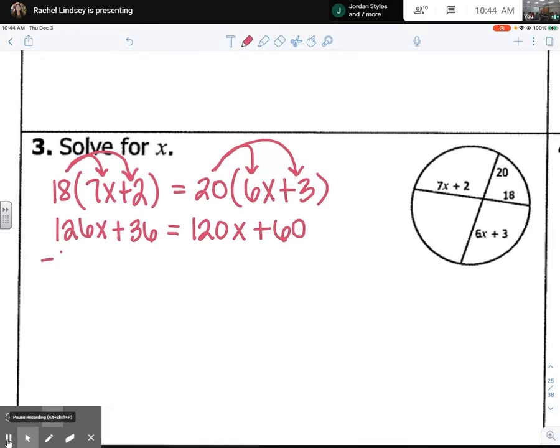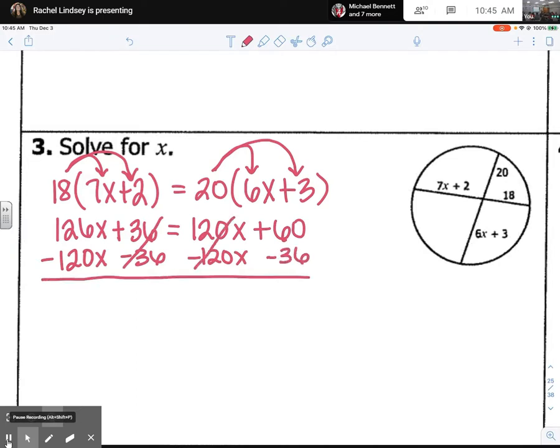Subtract 120x, subtract the 36. So 126x minus 120x is 6x. And 60 minus 36, 24. What's 24 divided by 6? 4.